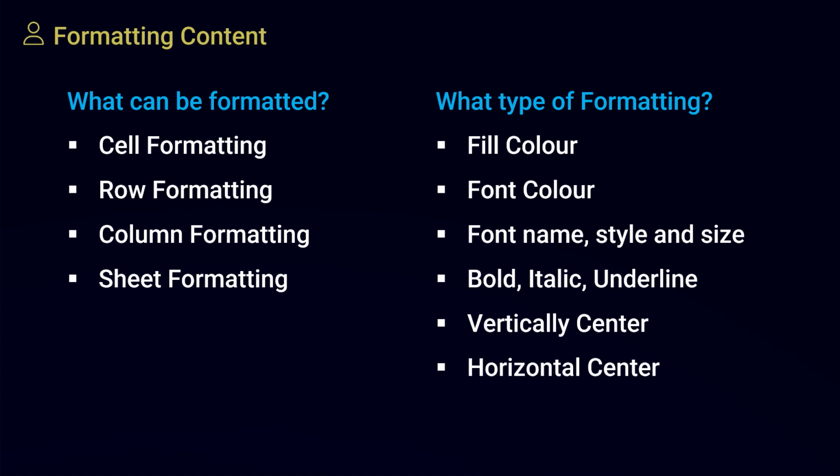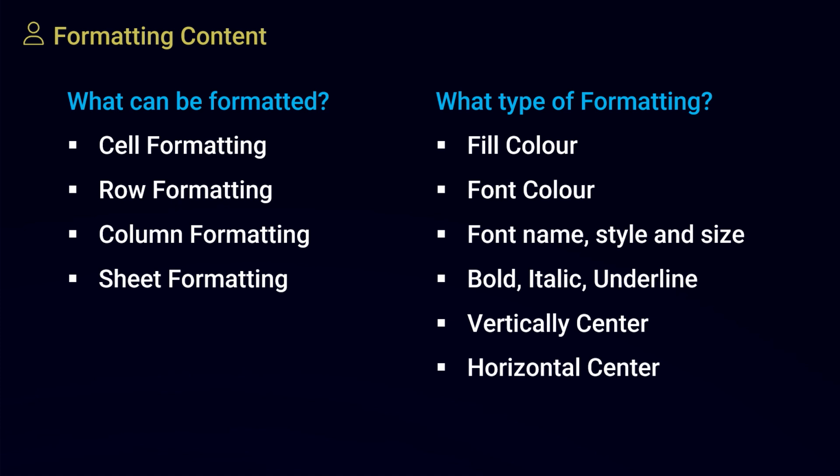This look and feel that you create could be for a cell, for a row, for a column, or for your entire sheet. When I say formatting, what are the various things that you do in formatting? You use fill color, font color, font name, font style, and you can make changes to the size of the font.